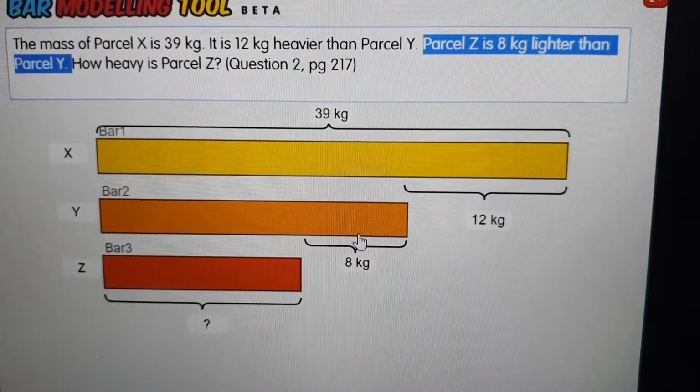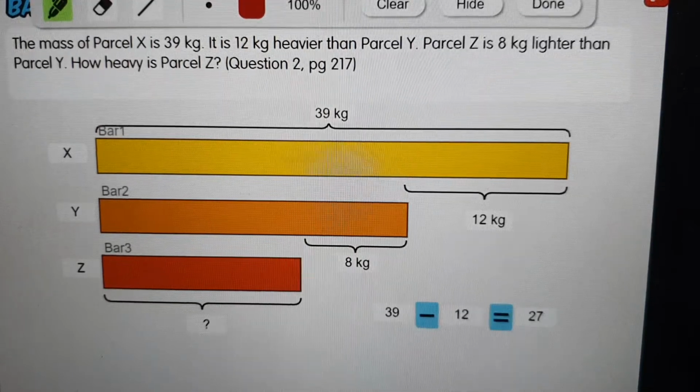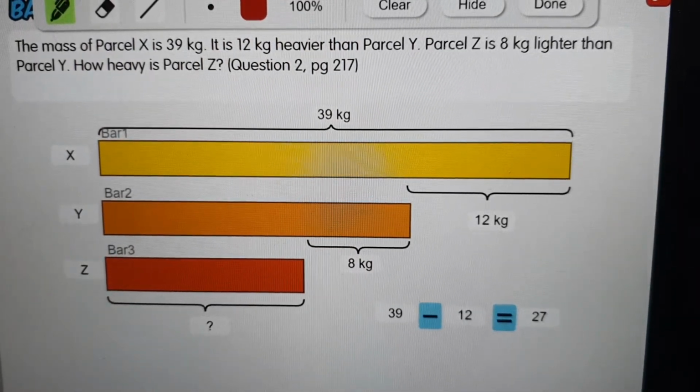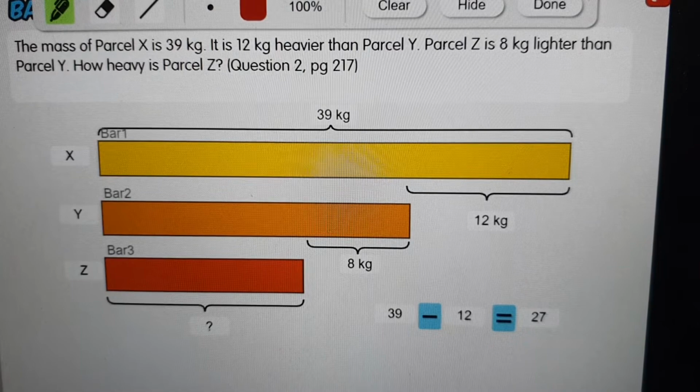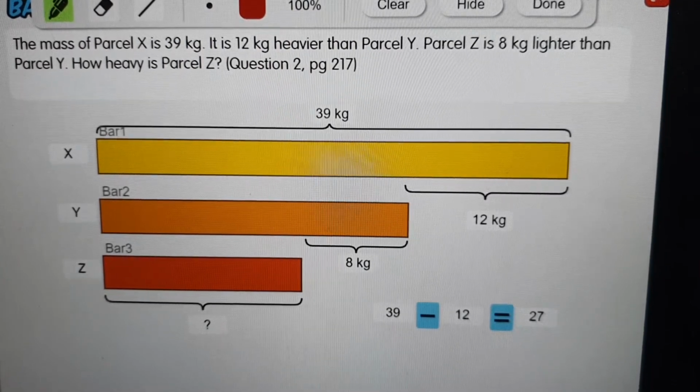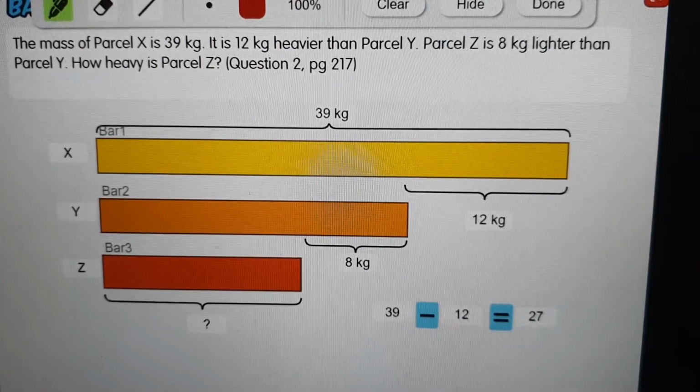And to find the mass of parcel Y, I know that Y is going to be 12 kilograms lighter than X from this model. So I just take 39 minus 12 to get 27, and I know that 27 is going to represent the mass of parcel Y, because when you minus, it means you are taking away.